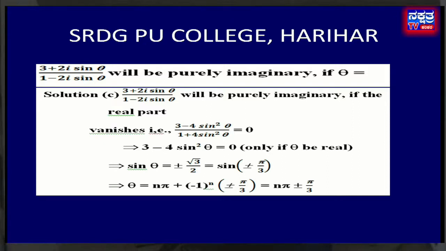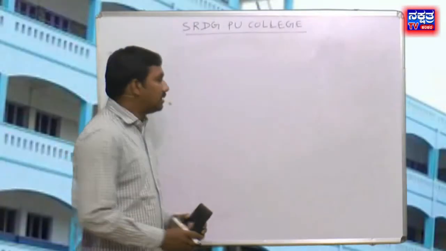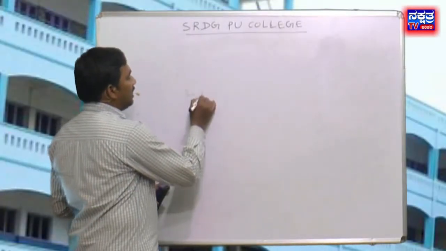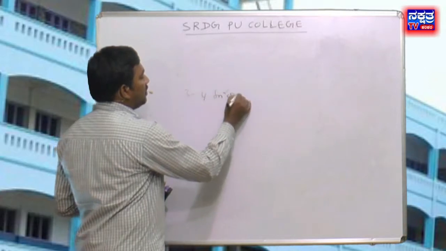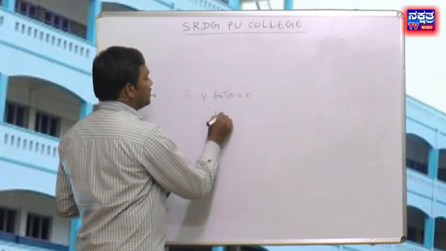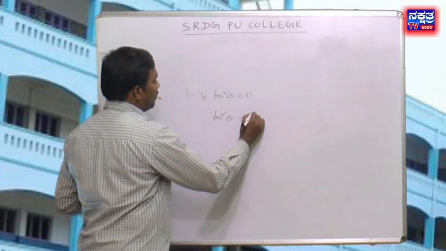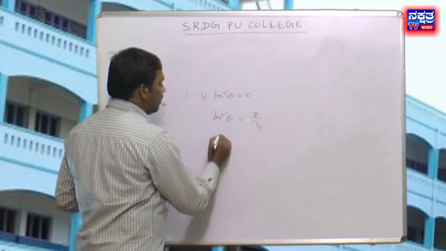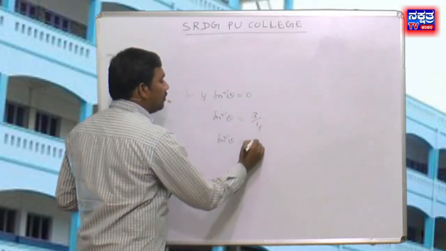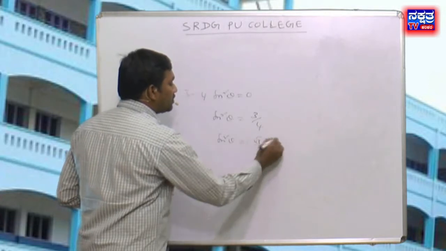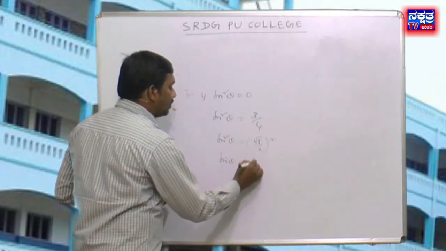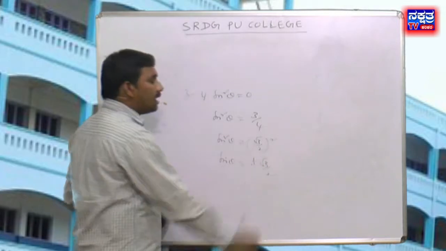Watch the board. Yes students, here we got one more equation, 3 minus 4 sin square theta equal to 0. If you solve this, sin square theta equals 3 by 4, and sin square theta equals (root 3 by 2) whole square. Then sin theta equals plus or minus root 3 by 2.